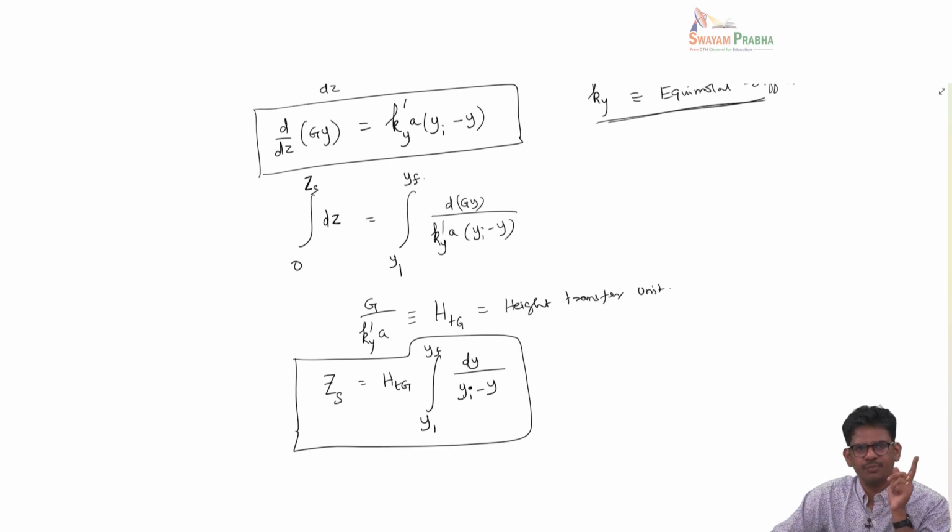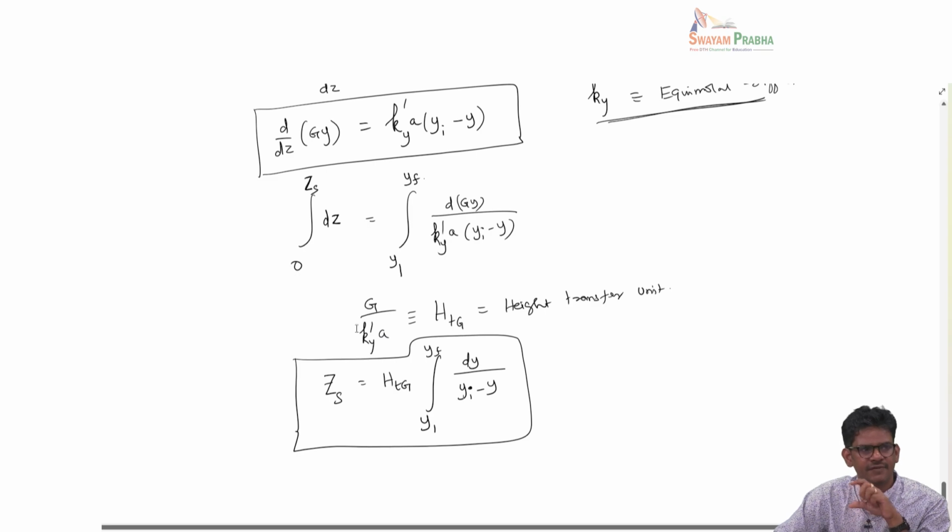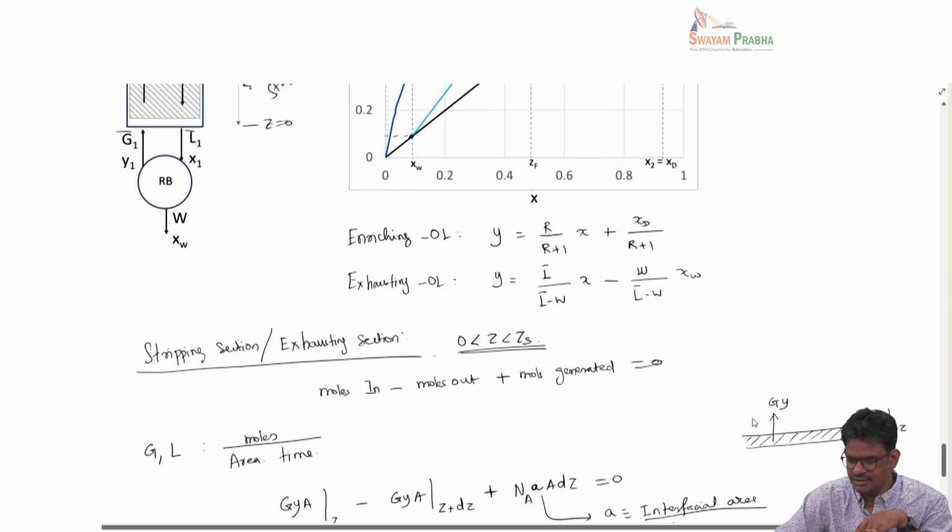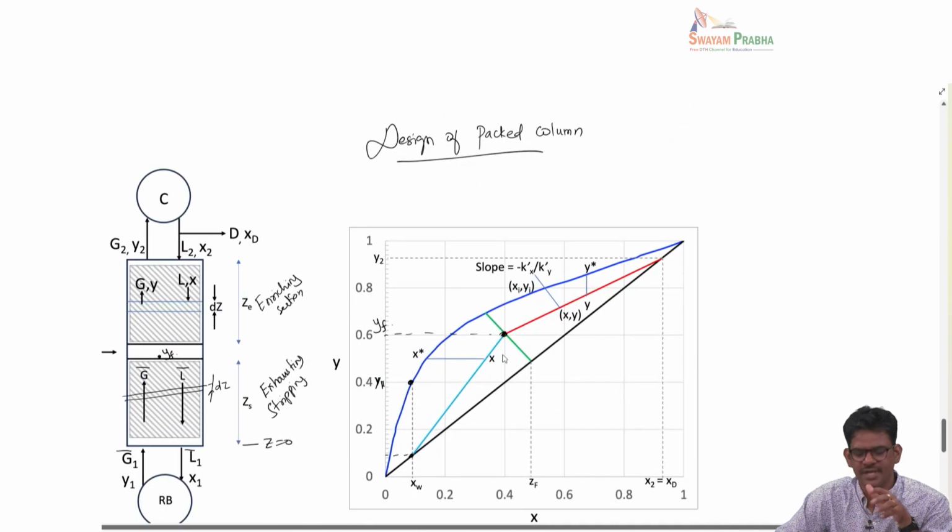We in fact did one problem in absorption of this kind, where we obtain the interfacial concentration and do the integral, and in this kind of distillation column also we do the same thing. What we do is, for any point x comma y along the exhausting line, we find the ratio of kx prime with ky prime, the mass transfer coefficient ratios.